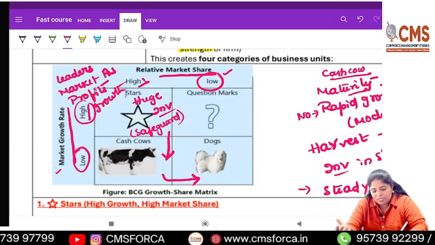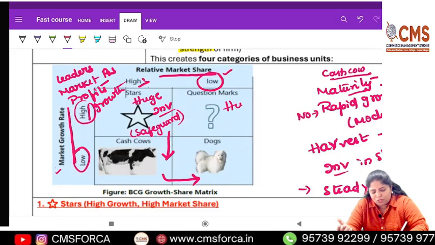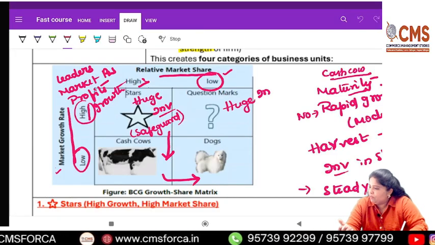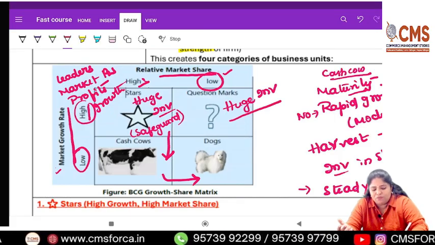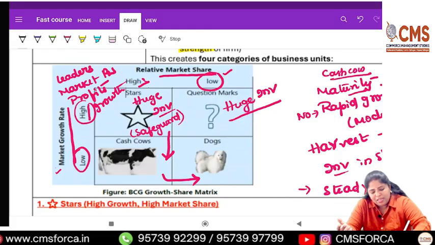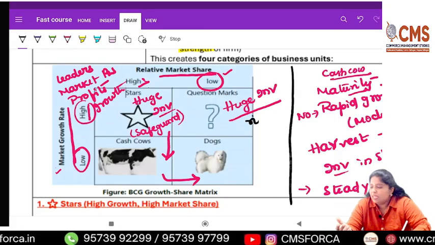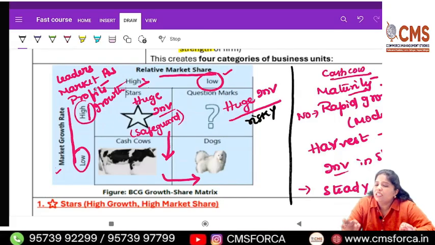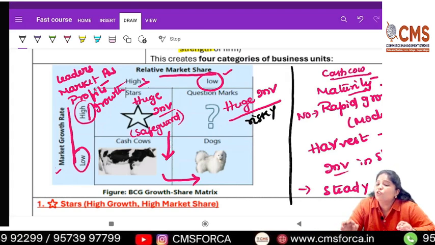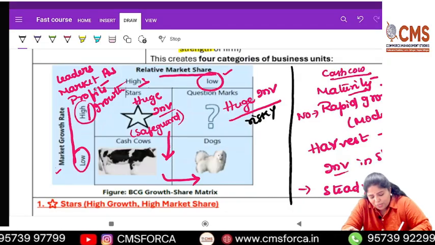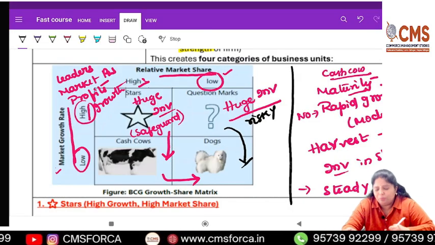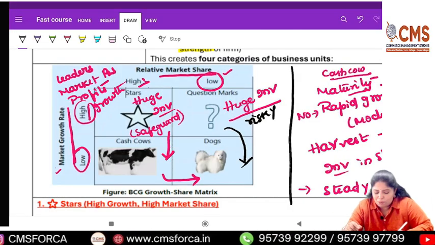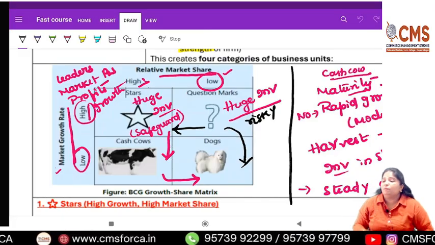You can plan huge investments, but huge investment in question mark is always very risky. If your investments are not well managed, your question mark might turn out to be a dog. If they are well managed, it may turn out to become a star.